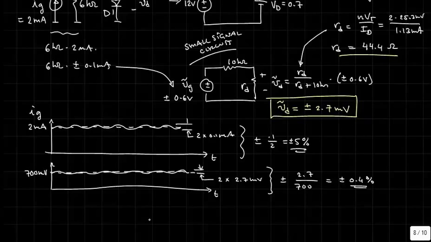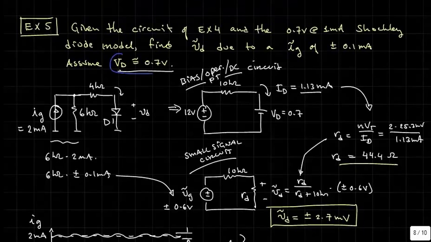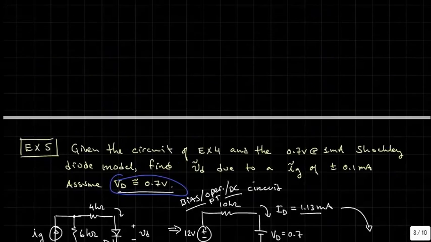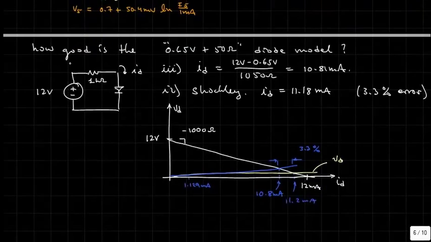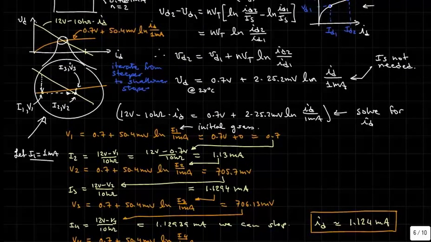As a final comment to this problem, you might be wondering whether we sacrifice something by simply using the approximate DC voltage across the diode of 0.7. If we had not been given that, but were told instead it's an N equal 2 diode that is 0.7 volts at 1 milliamp, we would have had to first solve the DC circuit, which we did previously using the Shockley equation, case 4.